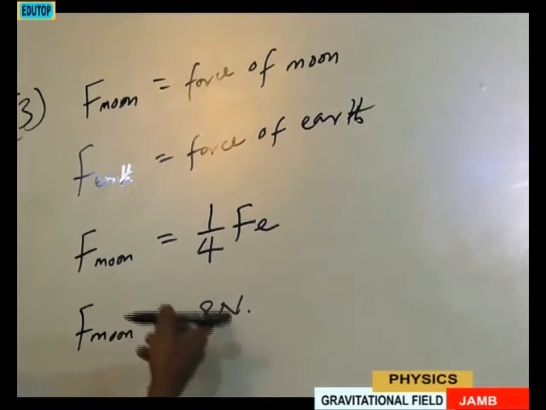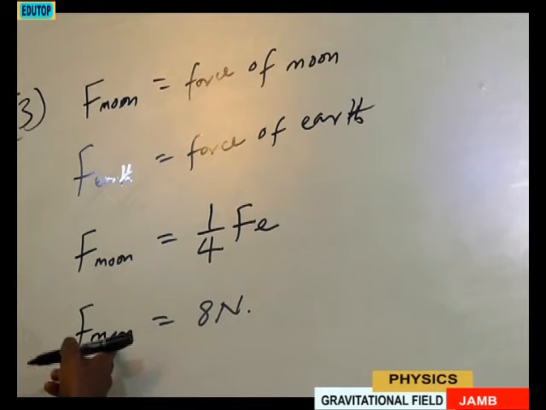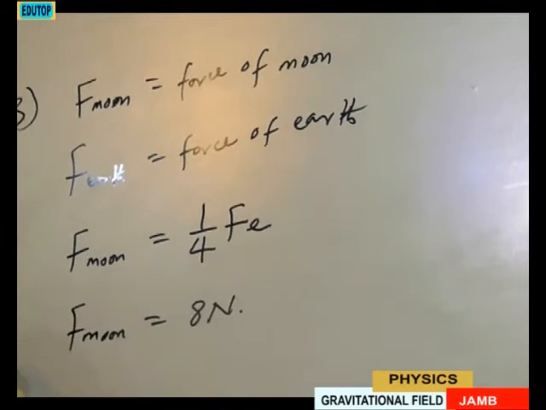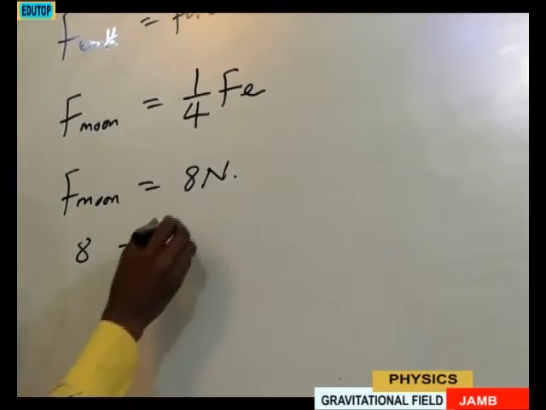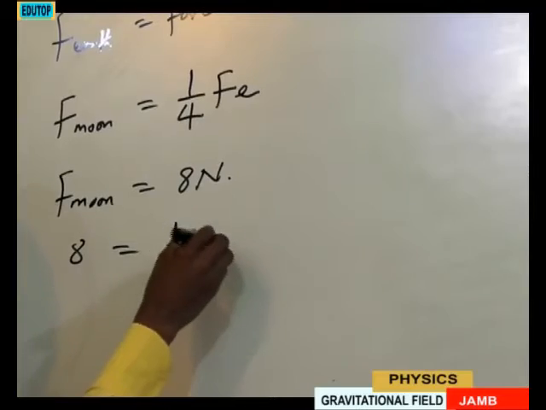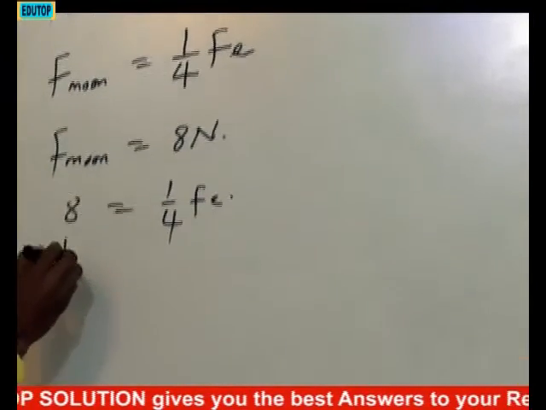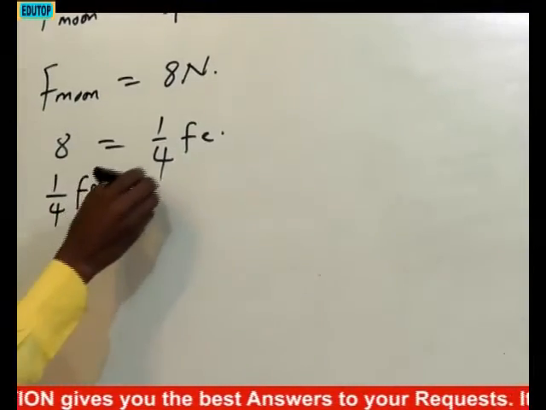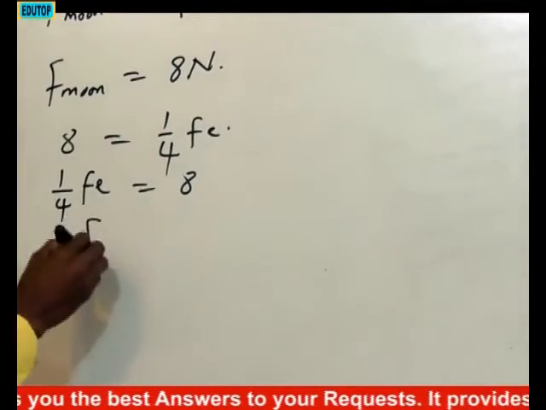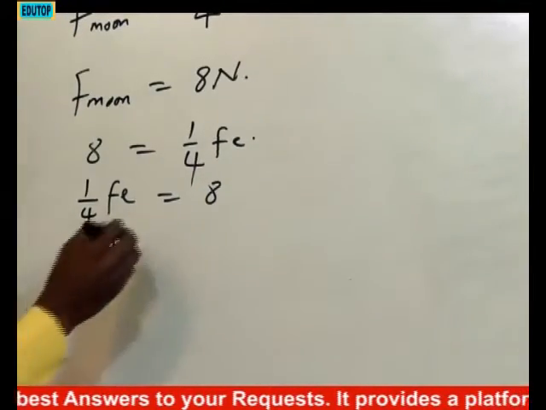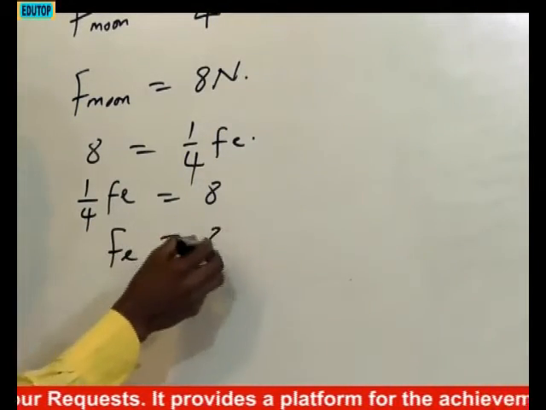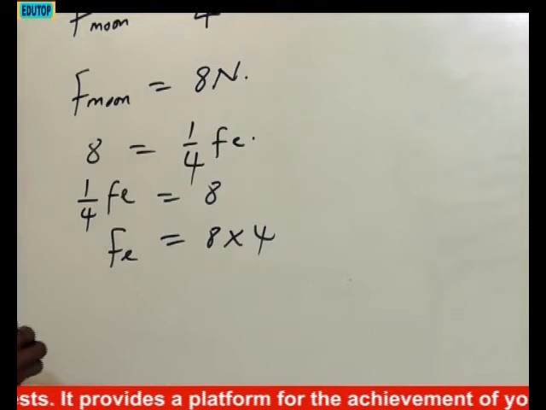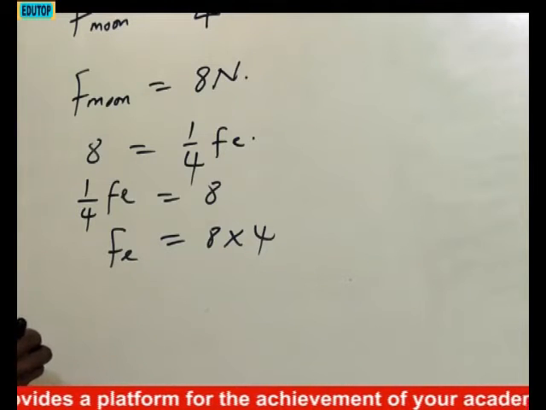F of the moon is this, so let's put it where we have this. 8 is equal to 1/4 Fe, and we can say 1/4 Fe is equal to 8. It's the same thing, so that the force of the Earth will now be equal to 8 times 4, or 4 times 8.